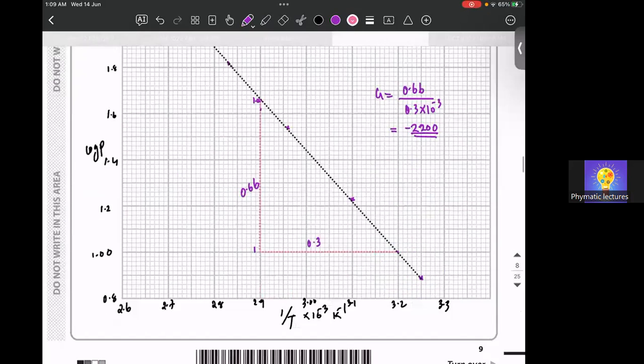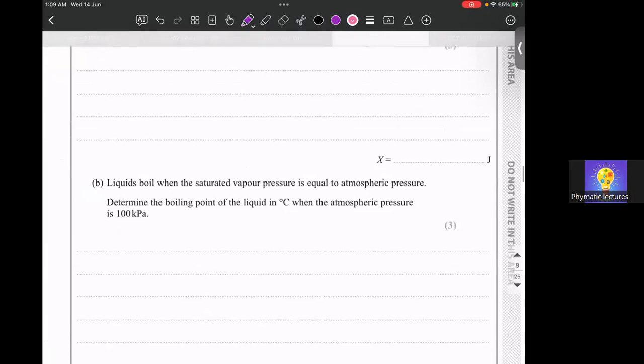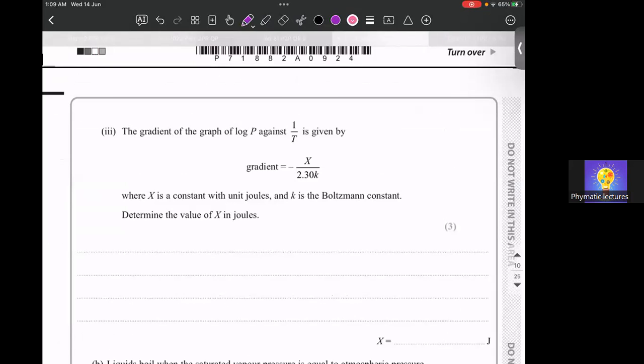Now the C part, the third part of this. The gradient of the graph of log P versus 1 over T is given by minus x divided by 2.30k, where x is a constant with the unit joules and k is the Boltzmann constant. Determine the value of x. So what is the gradient? We got -2200, and you can equate this to minus x by 2.30 into Boltzmann constant k.